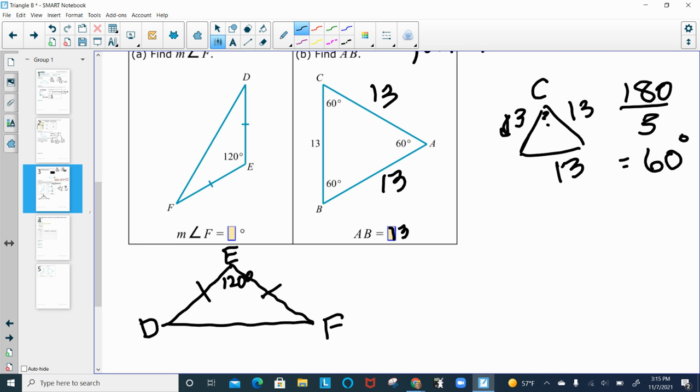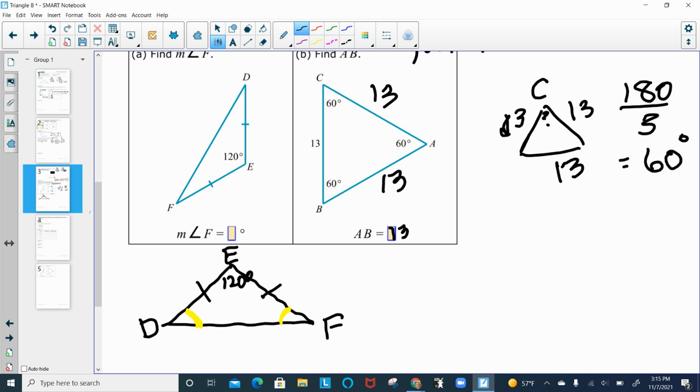Now, what these little tick marks are telling us is that the triangle is isosceles, which means the angles that are right next to the tick marks are also the same size.